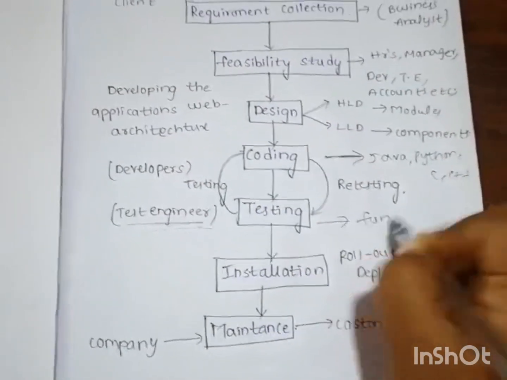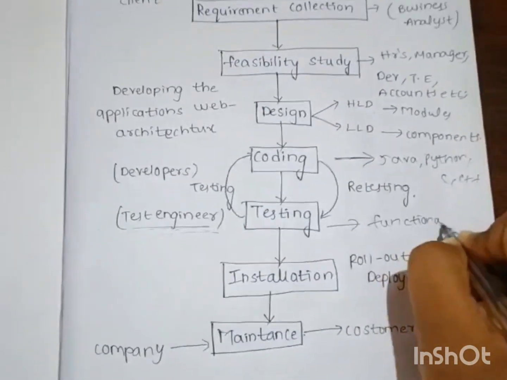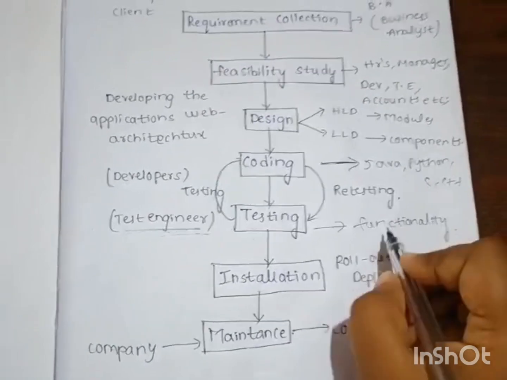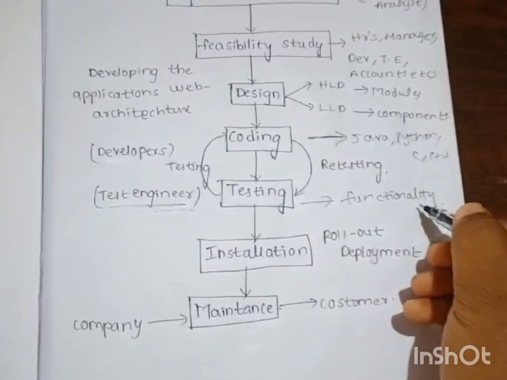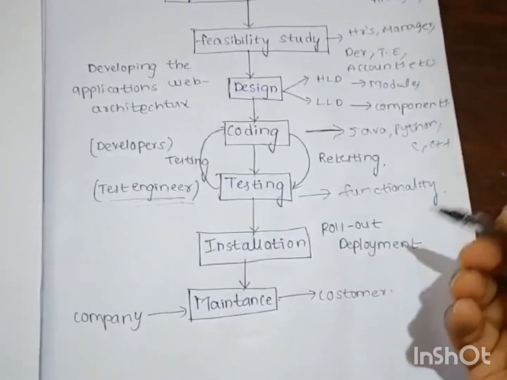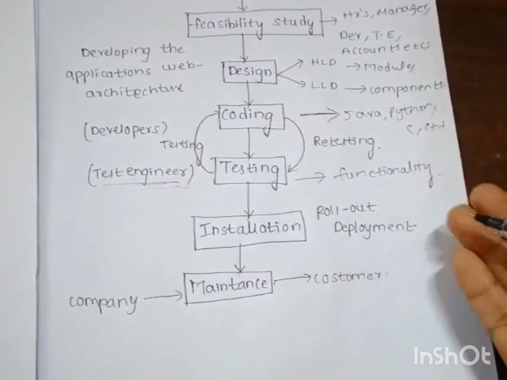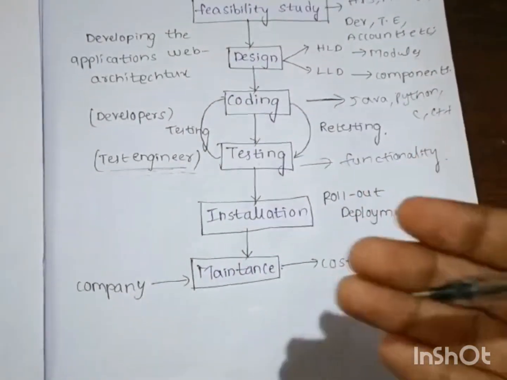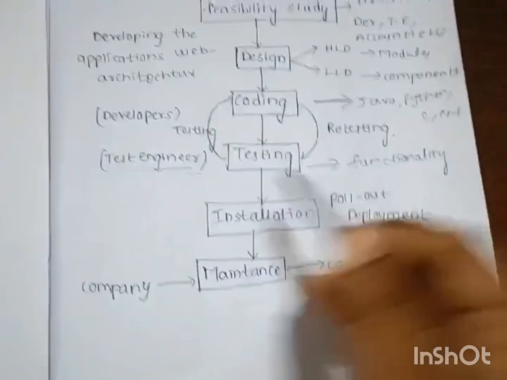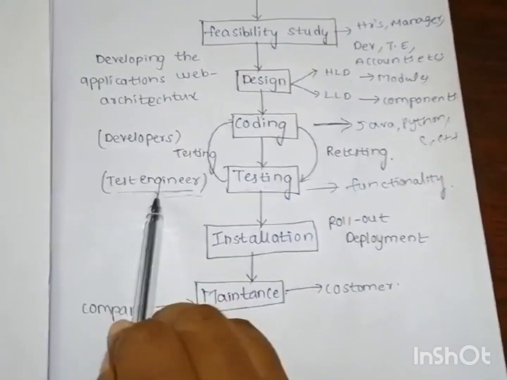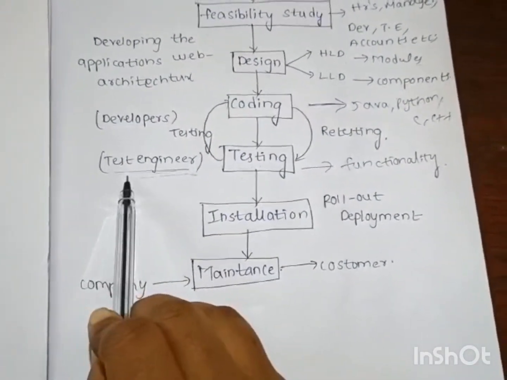What will they do? They will check the functionality of the application. Suppose you are opening any application and doing login, that process should work. All the functionality should work fine. So they will start checking, and the process will be done by the test engineer.